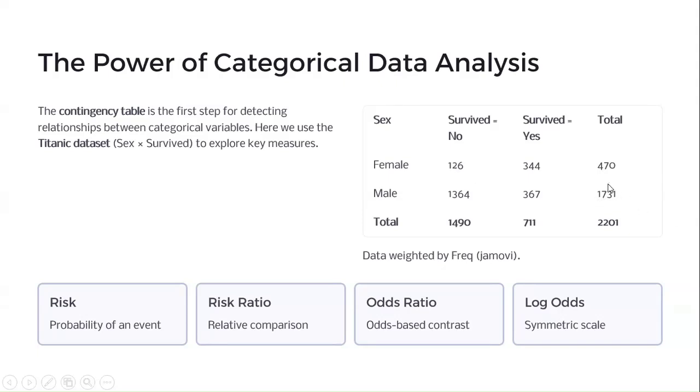Among 1731 males, 367 males survived and 1364 did not. In total, we have 2201 passengers in this data set. We will use these numbers to calculate and interpret different measurements of association between sex and survival.